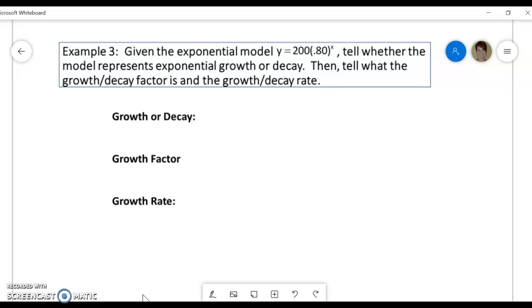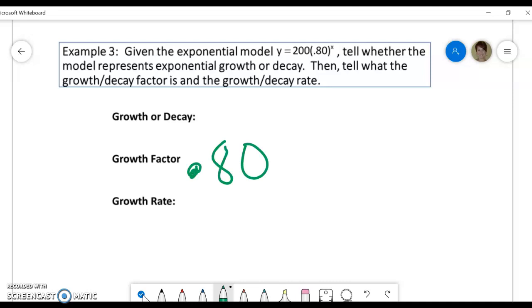So the model is y equals 200 times the quantity of 0.80 to the x. I can tell from this scenario, and we're going to go backwards here, that our growth factor is 0.80. So this would definitely be decay because it is smaller than 1.